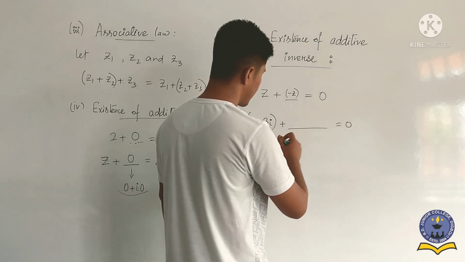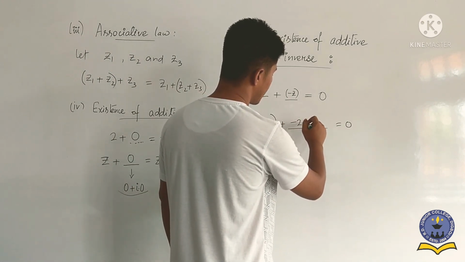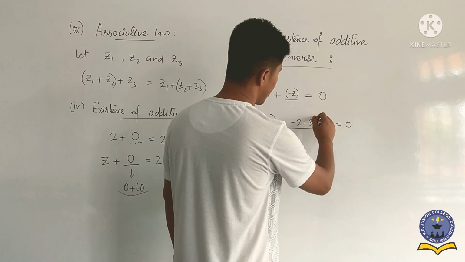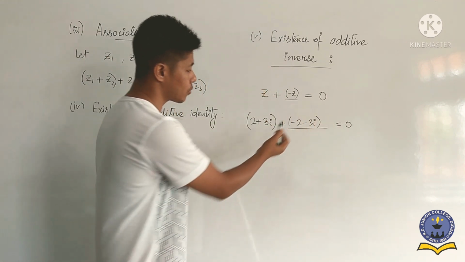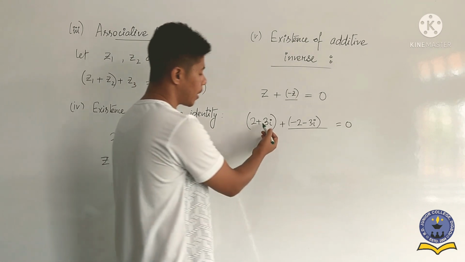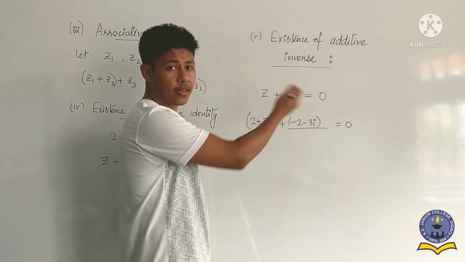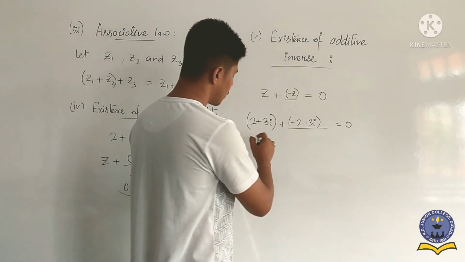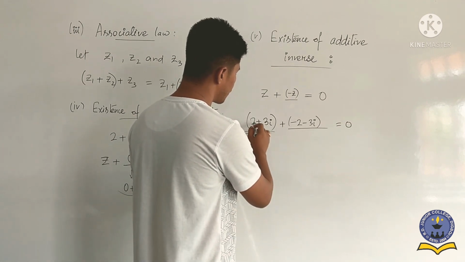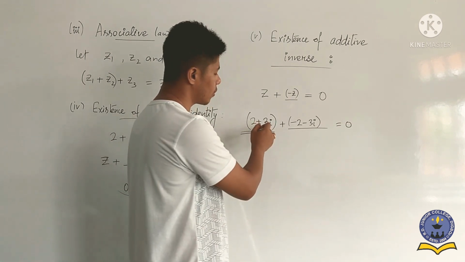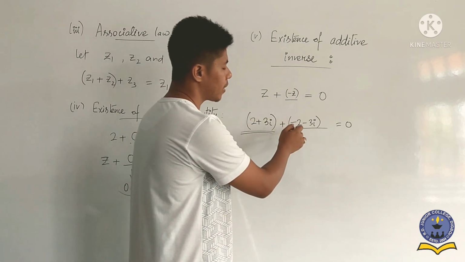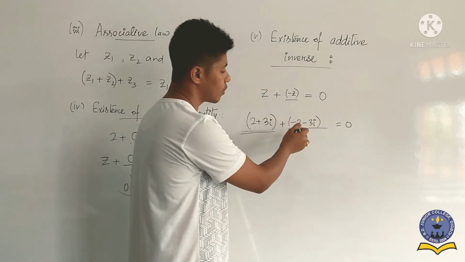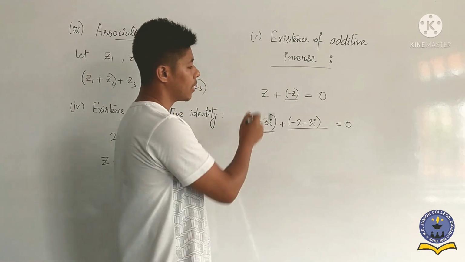Obviously we have to add minus 2 minus 3i, because minus 2 plus 2 cancel, plus 3i minus 3i cancel, then 0 remains. So for this 2 plus 3i, which is a complex number, minus 2 minus 3i is known as additive inverse.